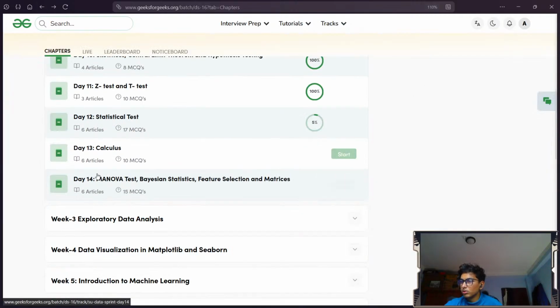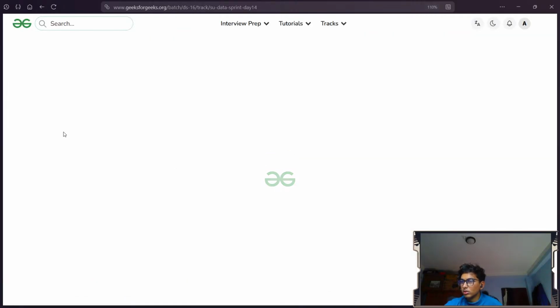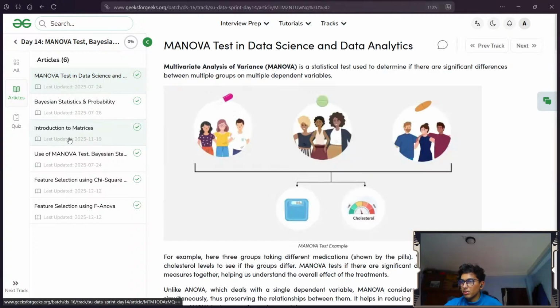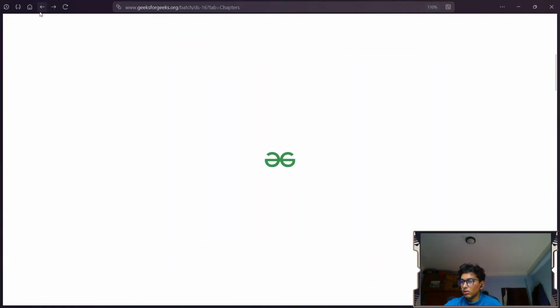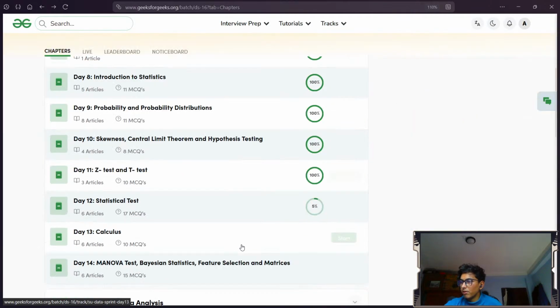It will be fun. Look at these: introduction to matrices, my best one, linear algebra. Feature selection using F ANOVA. My favorite one is that.